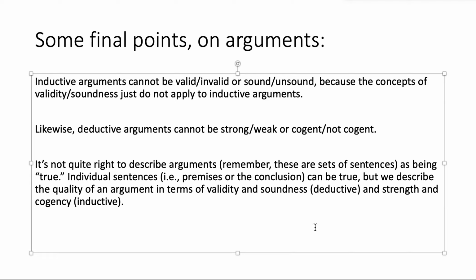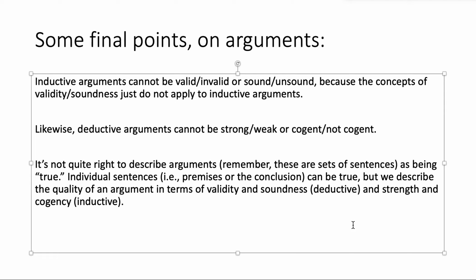But when we're describing the quality of an argument, we use the concepts of validity and soundness when we're talking about deductive arguments, and strength and cogency when we're talking about inductive arguments. I've put this point on the slide just because often in the first part of this course, people tend to say this argument is true or this argument is not true. And technically, that doesn't really make sense.